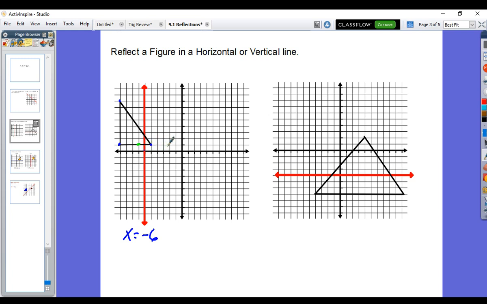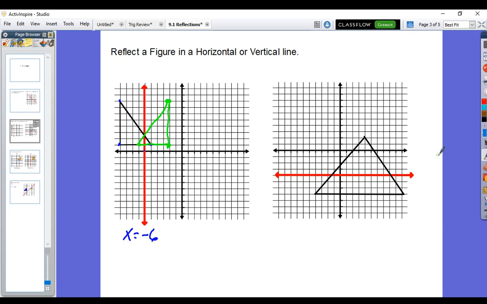And this one is also 4 units to the left, so we go 4 units to the right, straight across. And then we just connect them. And there we go. We have a reflected version of that exact same triangle.